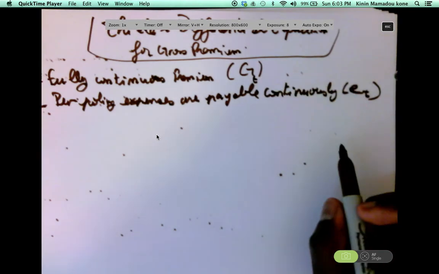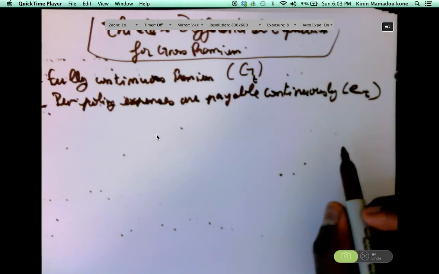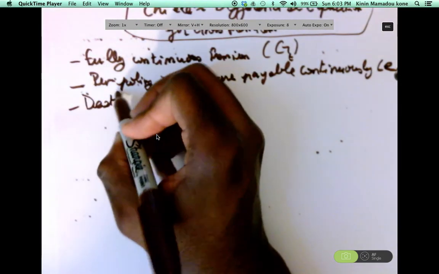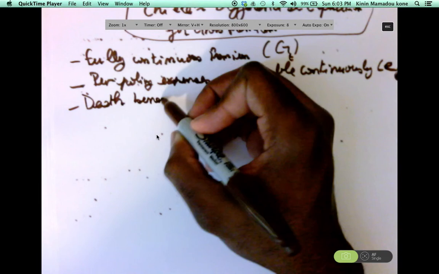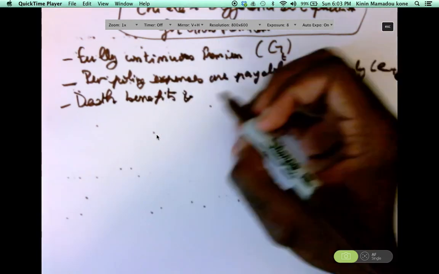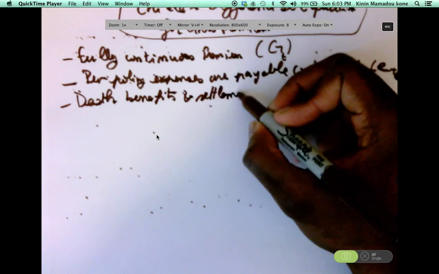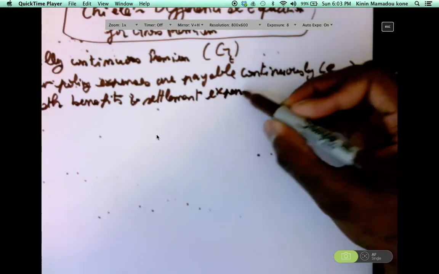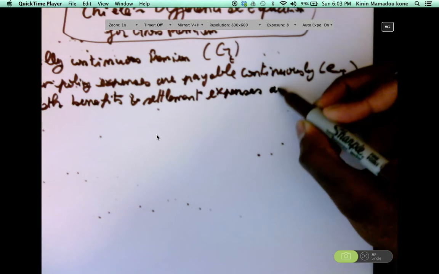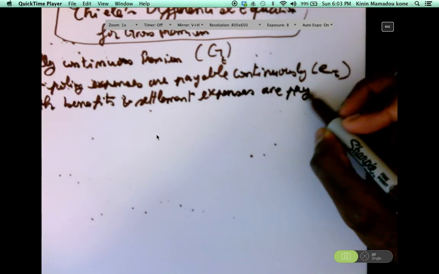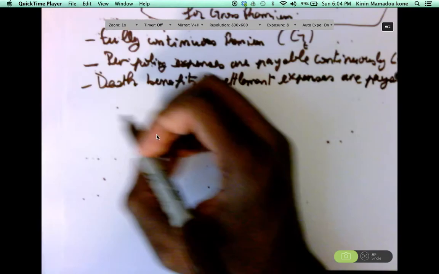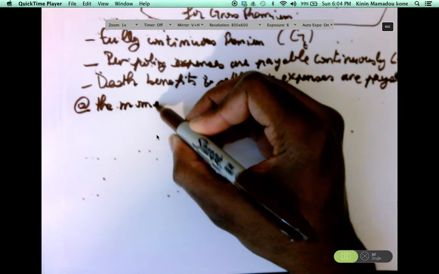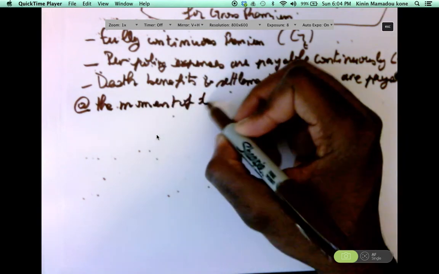The death benefit and settlement expenses are paid at the moment of death. So what do you get?